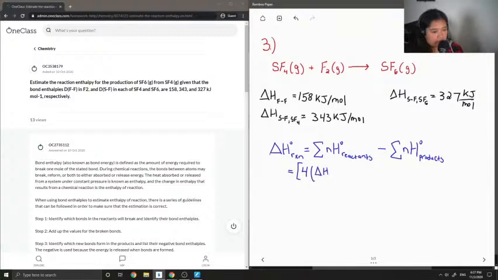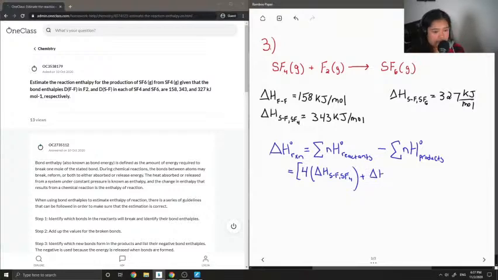I'm just going to write out the variables so that you can see why it's multiplied by 4. And then for the fluorine-fluorine bond, there's only one bond involved, so I don't have to multiply anything.